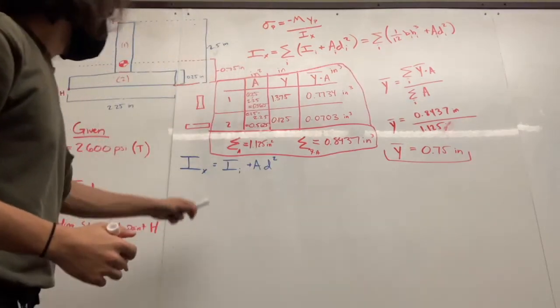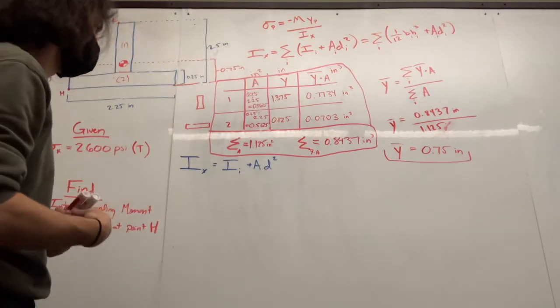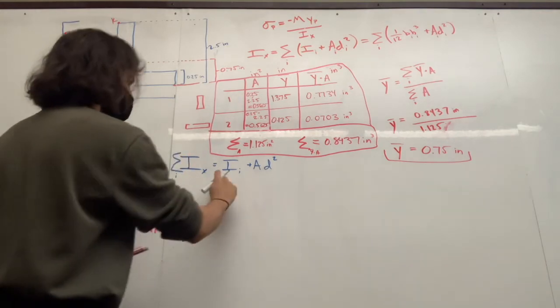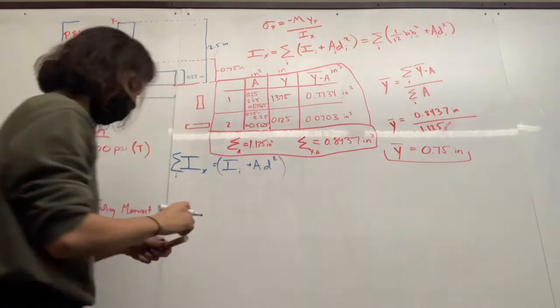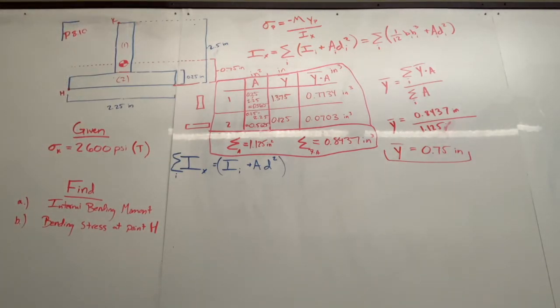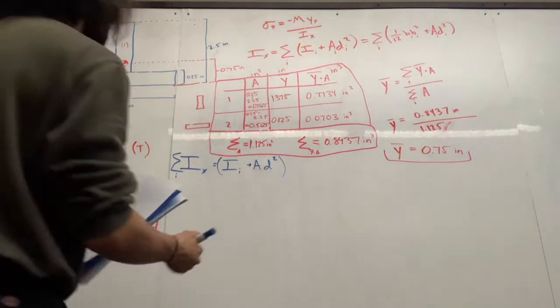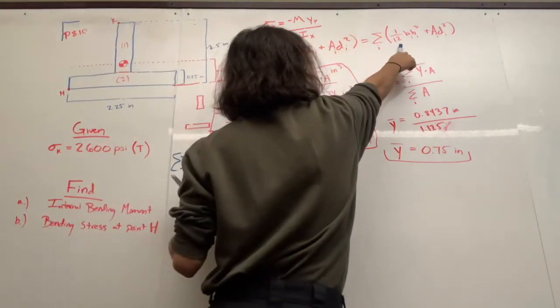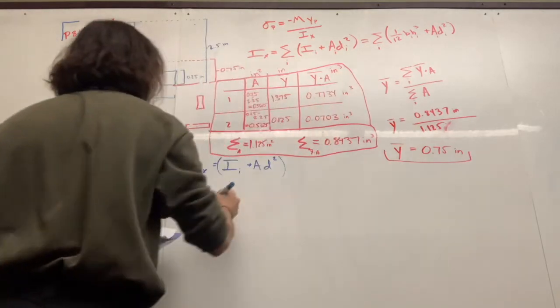So, all right, now this formula here, it's really the summation of these terms. So the way I broke it down was, remember, this term turns into 1 over 12 BH cubed.